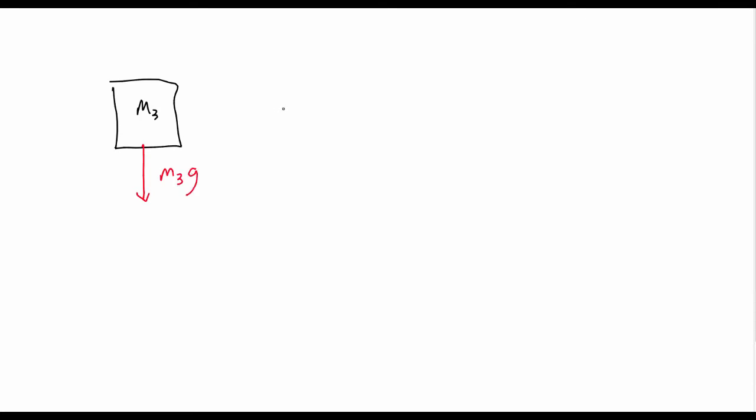And we also had T2, which I'll do in blue. This is what we called T2 before. Now, to make this more accurate magnitude-wise, M3G has to be greater, otherwise it would not accelerate downward. So I'm going to emphasize that by making this even shorter here. T2 has to be less than M3G.